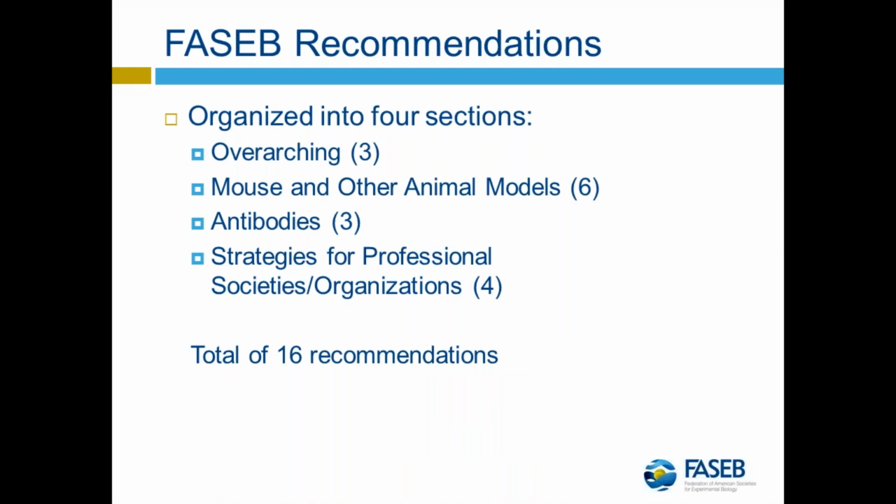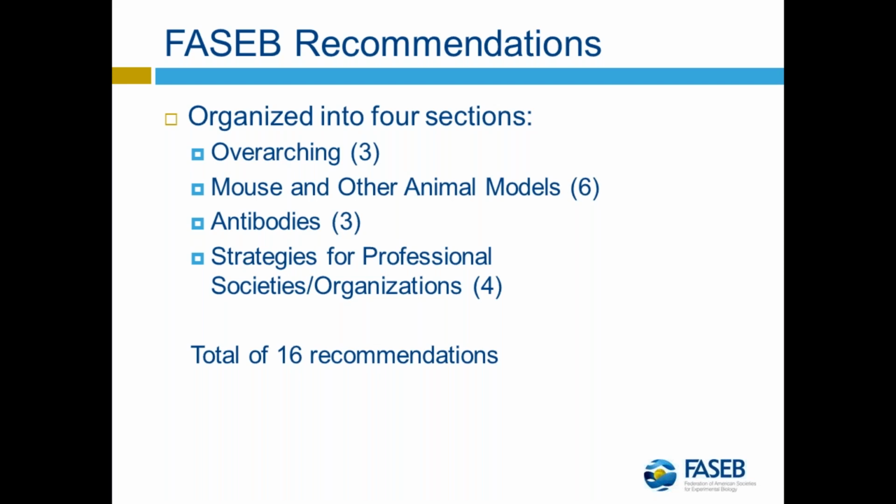To summarize what these recommendations covered, we organized them into 4 sections. We had 3 overarching recommendations that applied to everyone. We were able to boil down our very active topical roundtables into 6 recommendations for mouse and other animal models. We ended up with 3 for research involving antibodies.